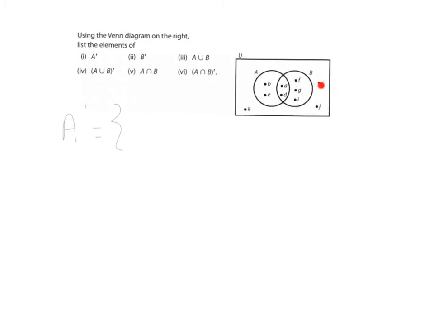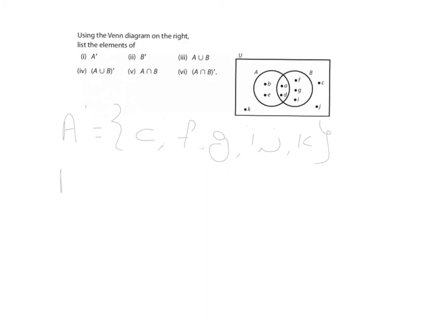Going by alphabetical order, we'll have C, F, G, I, J, and K. So that's A complement. That's all the values outside of A. Make sure you put your little commas in between each one.